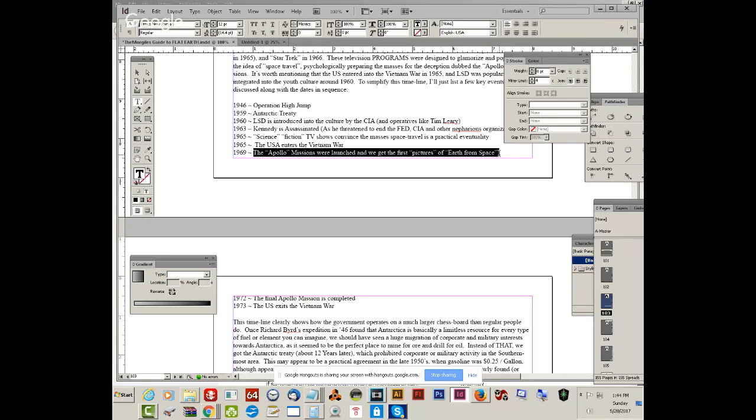And plus, you've got so many people jacked up or in some way affected long term by LSD, watching the same government and military that's bombing Vietnam and killing people over here, pretending to go to the moon over here. It's the same people, just different departments, right? And to me, it's no coincidence that the final Apollo mission was completed right at the end of 1972. And a few short months later in 73, the US exits the Vietnam War.